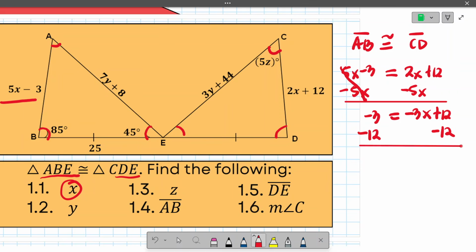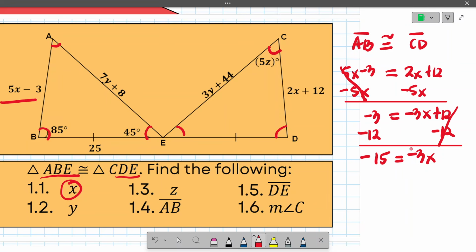Para ma-cancel ko na si 12, matira na lang si negative 3x, and then here, we have -3 plus -12, or let's say -12 minus 12, it will give you -15 equals. Do not forget that. So again, we are carrying the sign because 12 has the bigger number.